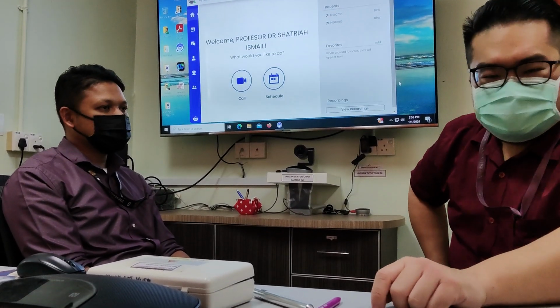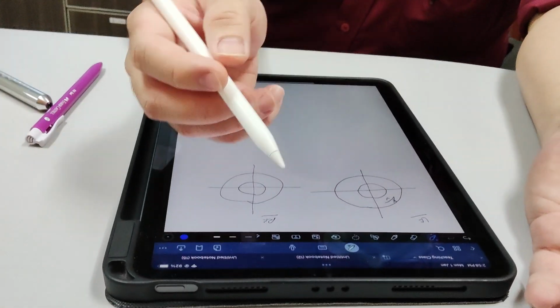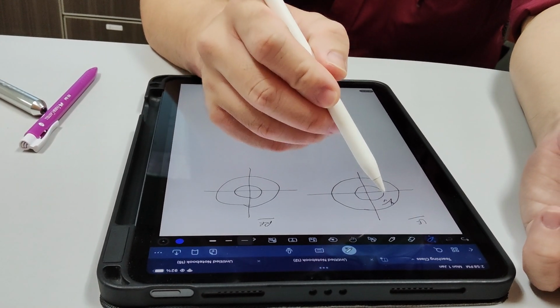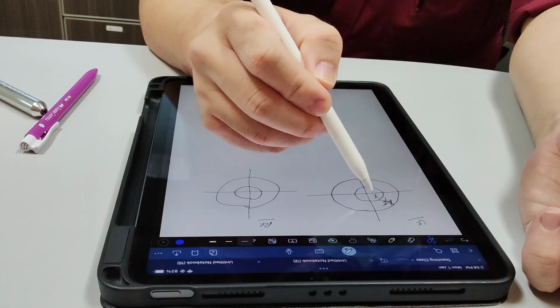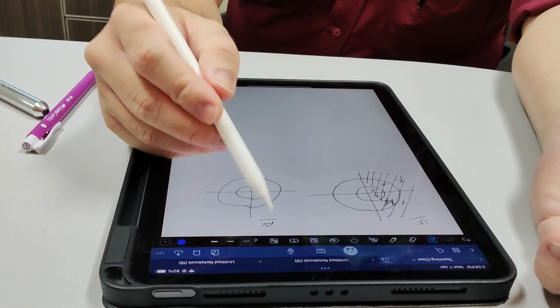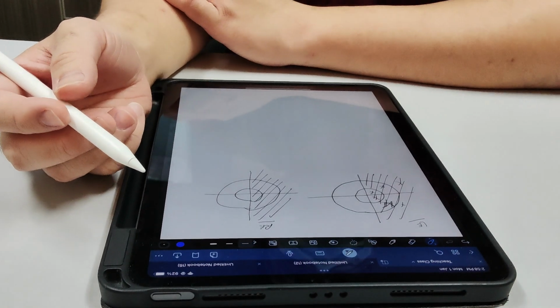So how we document is basically, let's say the patient has a left homonymous hemianopia. You can either document like this, or you write it out, either one. Like this: left homonymous hemianopia.